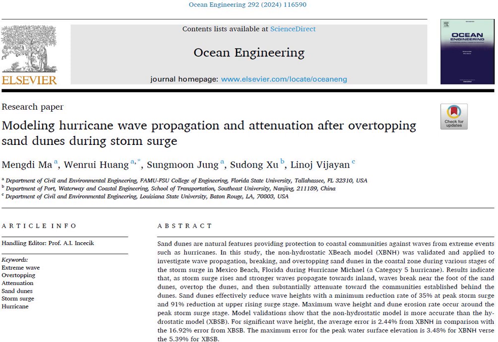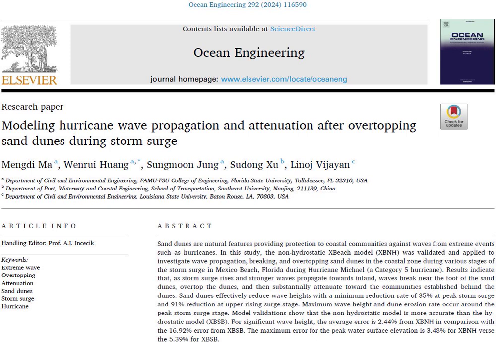I understand that hydrostatic and non-hydrostatic models have different strengths and weaknesses. Can you elaborate on the differences and why the researchers chose to use both? The key difference lies in how they handle shortwave dynamics, those rapid fluctuations in water level caused by waves. XBNH, being non-hydrostatic, directly simulates these short waves, which is crucial for accurate erosion predictions.